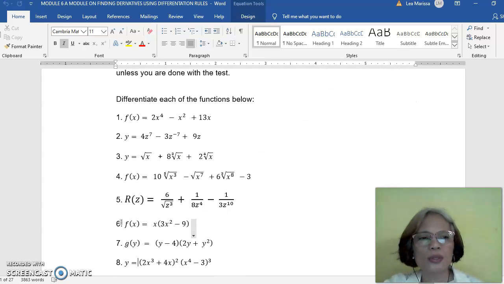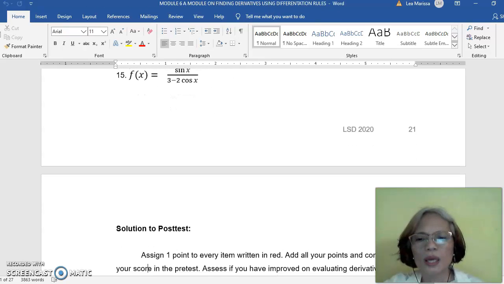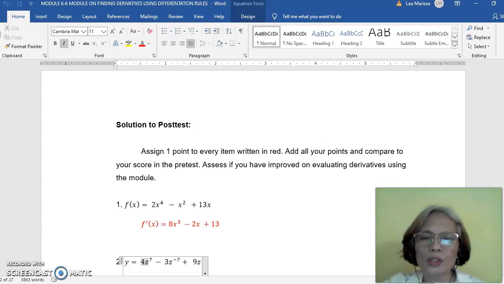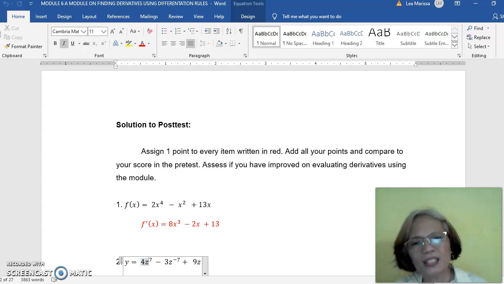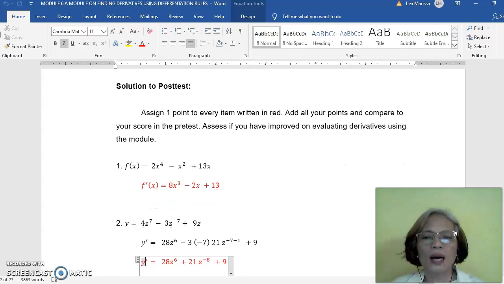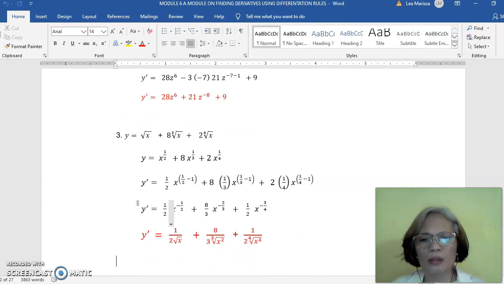Okay? Answers are on page, so mention the page. And then there is a solution. So the difference between the answer key to the answers between pre-test and post-test is that in the pre-test I just give the answer without giving the solution, while in the post-test I give explanations and I give the solution rather.